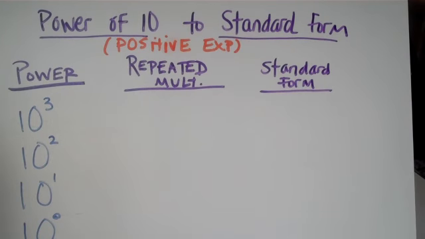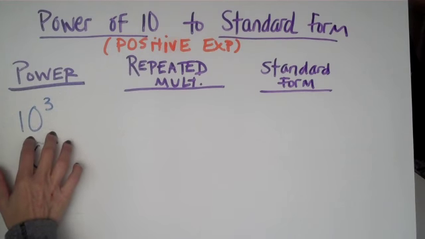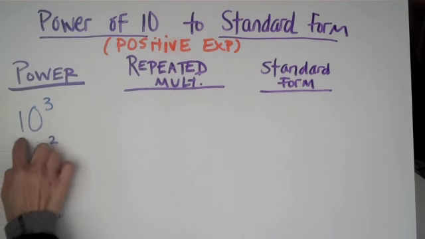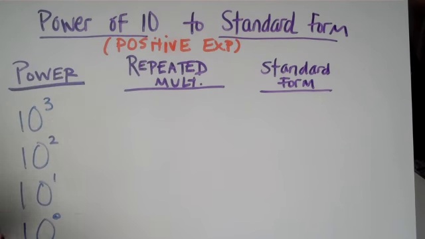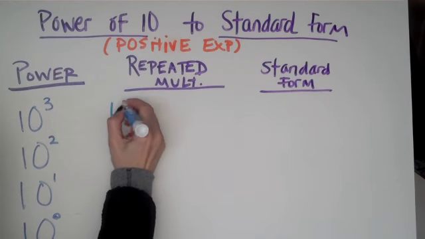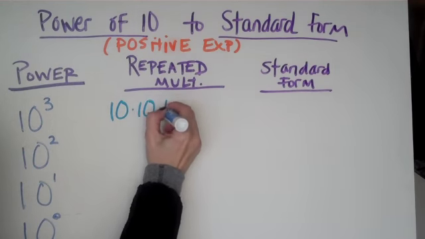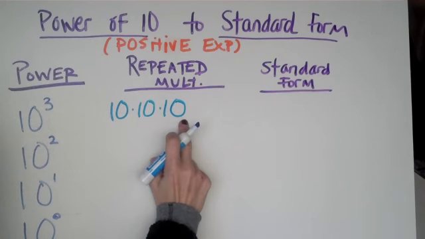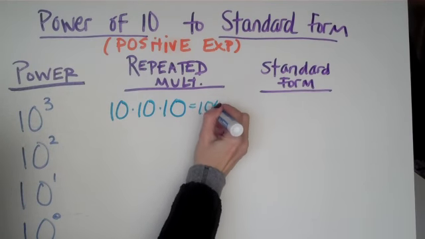Basically, let's look at some things with a positive exponent first. So to go from power of 10 to standard form, let's say you have 10 to the third power. Well, what does that really mean? That means 10 times 10 times 10. If we multiply that out, that equals 1,000.